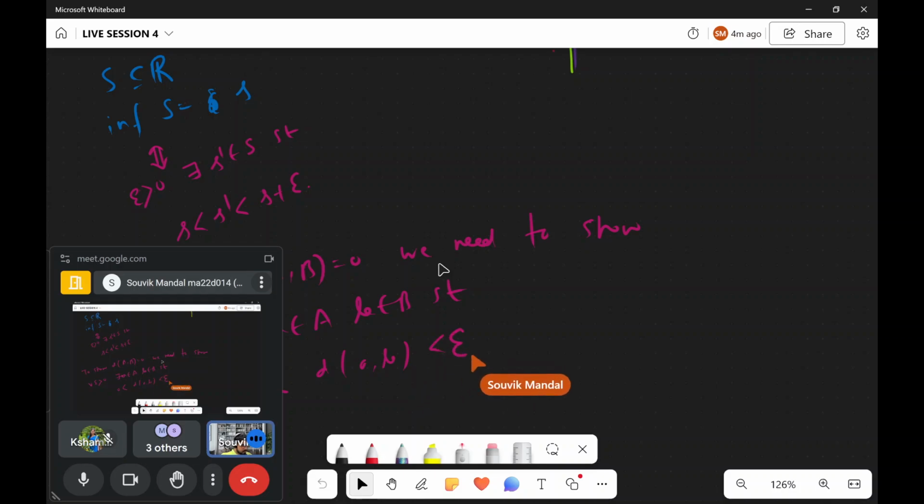Now the point is this side is always true. We only need to show that for any epsilon we're able to find a and b such that d of AB is less than epsilon. Correct? Till now, are you able to understand what I'm trying to say?